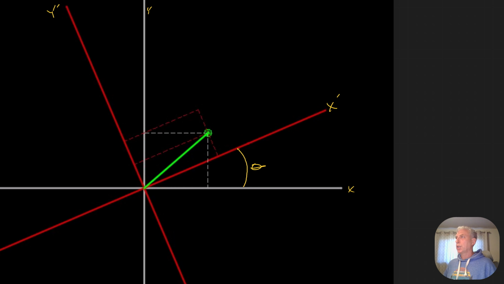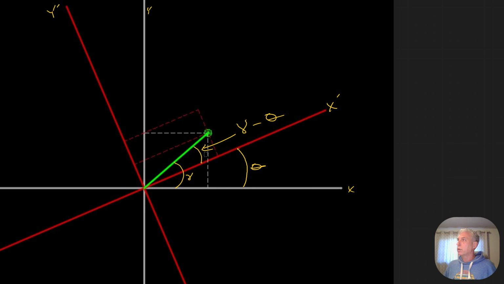Let's say originally my angle here, let's call that gamma. What I'm interested in is this angle. I don't want to use alpha again. It's the big angle gamma minus theta. So that angle is gamma minus theta.